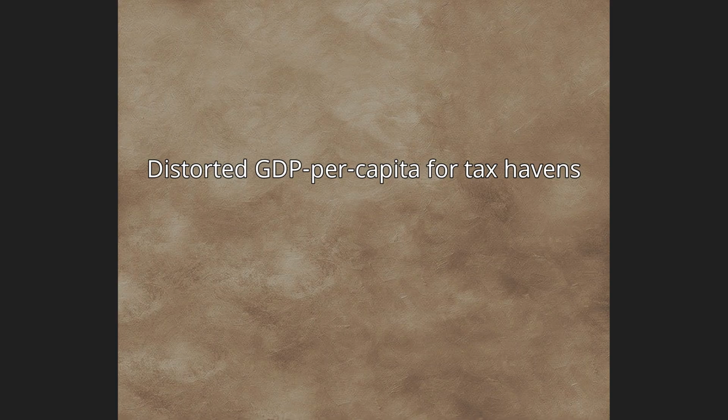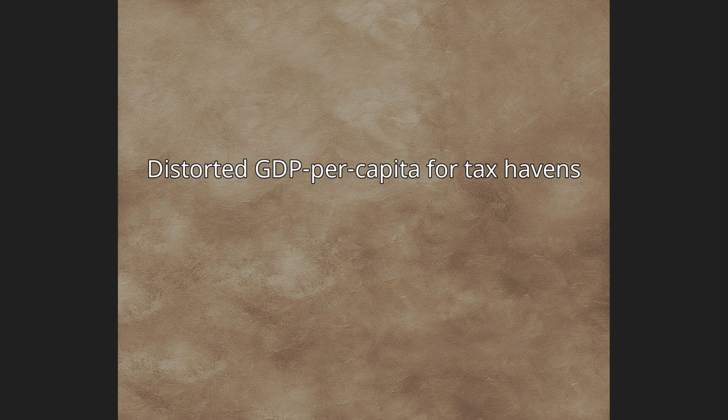Distorted GDP per capita for tax havens. Many of the leading GDP per capita nominal jurisdictions are tax havens whose economic data is artificially inflated by tax-driven corporate accounting entries. For instance, the Irish GDP data above is subject to material distortion by the tax planning activities of foreign multinationals in Ireland.